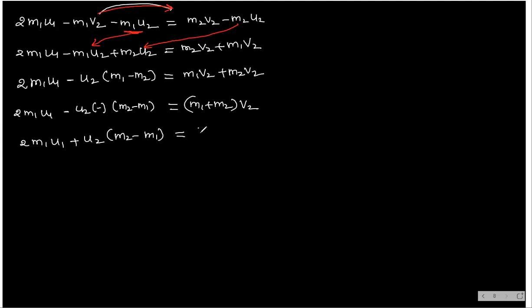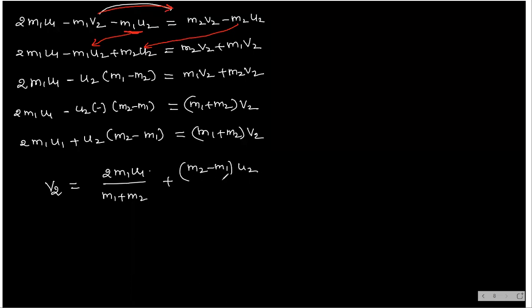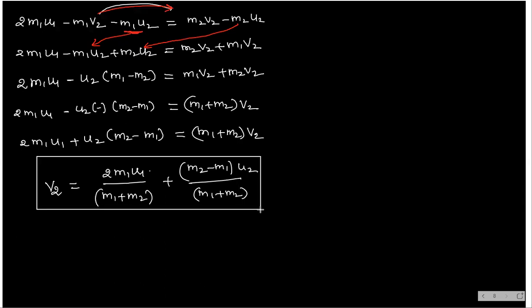Is it okay? And this is M1 plus M2 into V2. Right, now just M1 plus M2 you transfer here and you are getting V2 value like this: 2 M1 U1 divided by M1 plus M2 plus M2 minus M1 into U2 divided by M1 plus M2. That's it. Okay, this is what your velocity is.